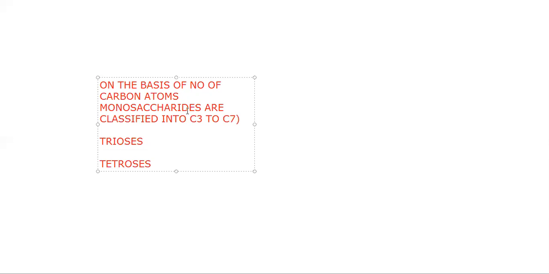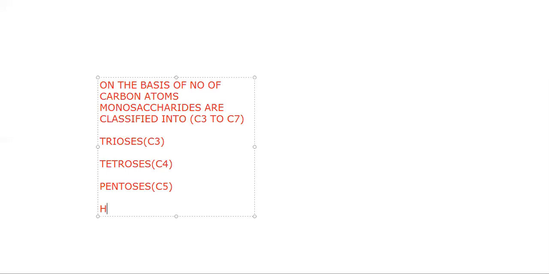So kindly note it. Trioses have 3 carbons, so they're called C3 sugars. Similarly, there are tetroses, which are C4. As I already told you, n is the number of carbon atoms. Pentoses have C5, called C5 sugars.